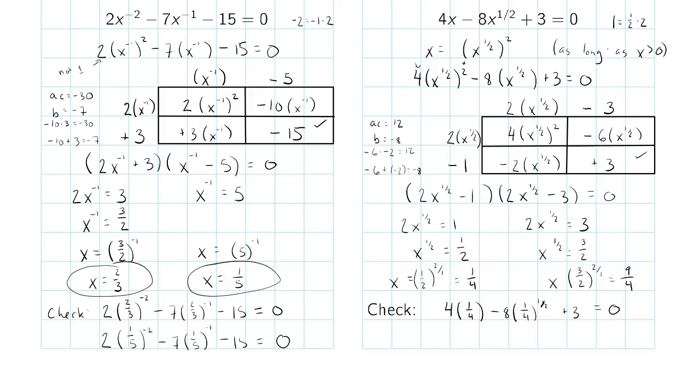That works out to 0. 4 times x minus 8 times x to the 1/2 plus 3. That also works out to 0. So it really does work out that both of those are solutions to the original equation. Neither one is extraneous, and so I keep both of those solutions.